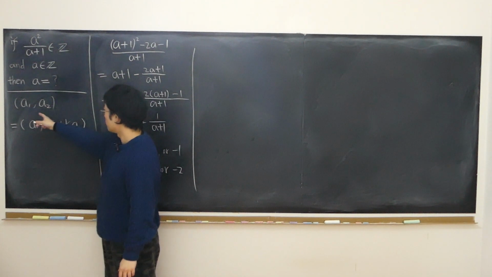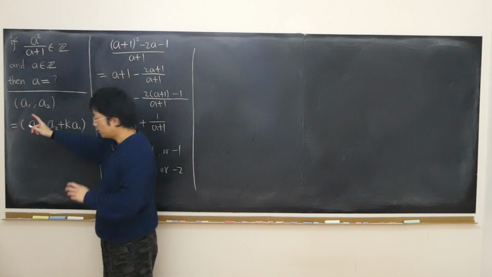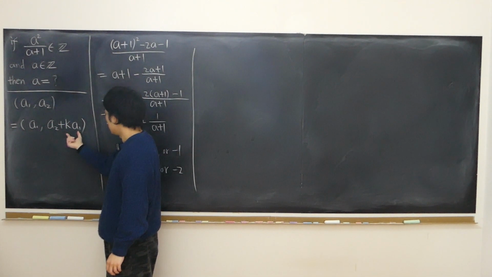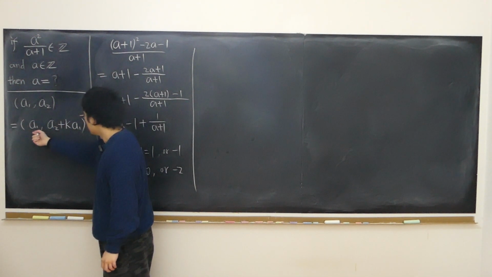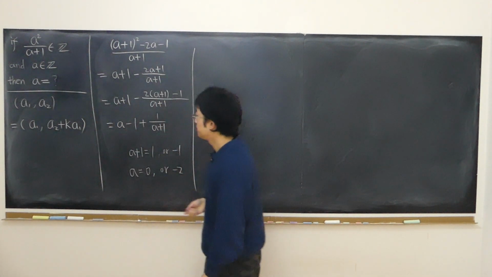Here I select a1, multiplied by any integer. Then I get a new integer, and I add that integer onto the other number, a2. And the new result I have between this result and a1 should have exactly the same GCD as previous.